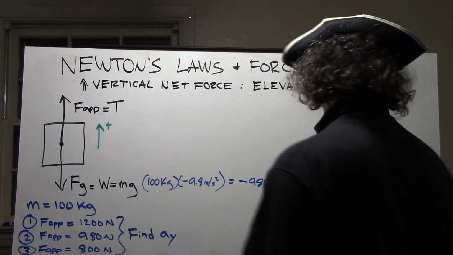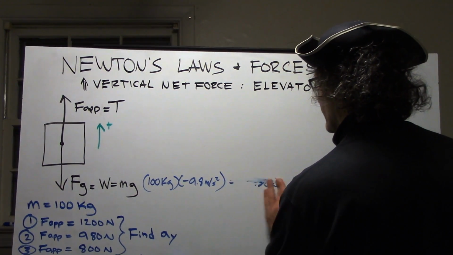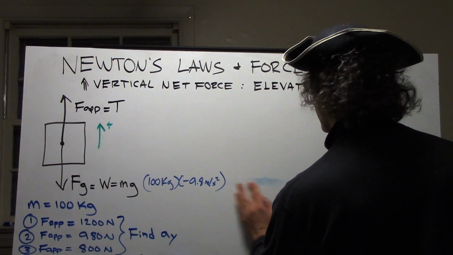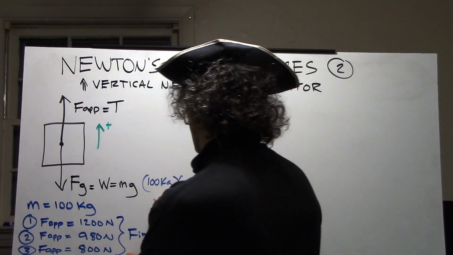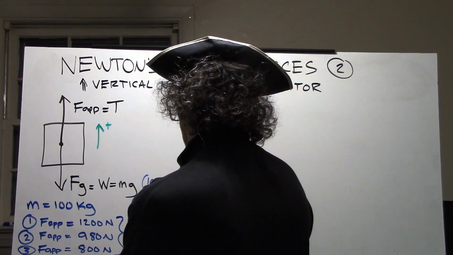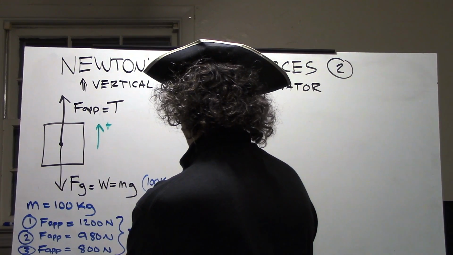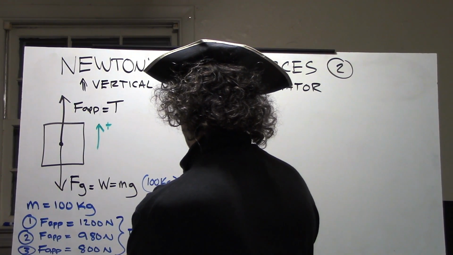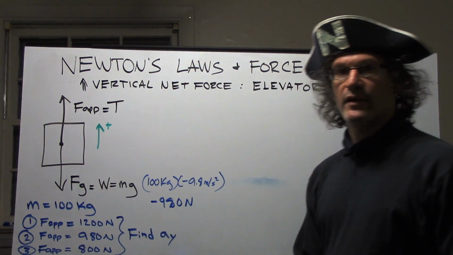And I think what I'm going to do is write that below, to give us a little bit of space. Can't find my eraser, so my finger is going to do the job just fine. Negative 980 newtons.